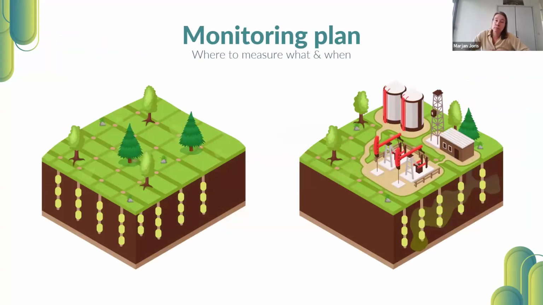So, as I already said, it's very important to define what you want to measure and where you want to measure. And also, of course, how long the monitoring campaign will stay in place, as well as maybe it's needed to have several monitoring campaigns during different periods, for example.